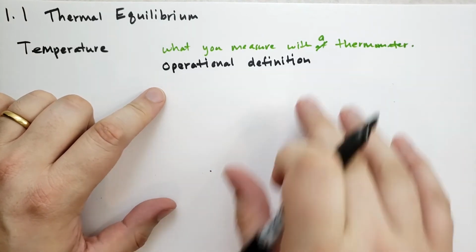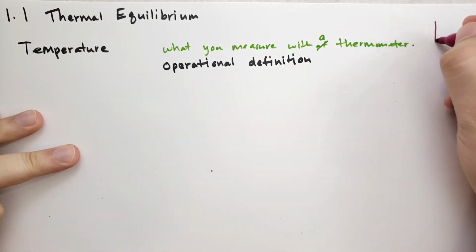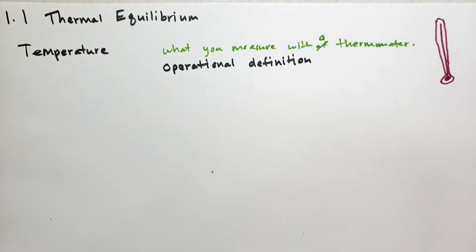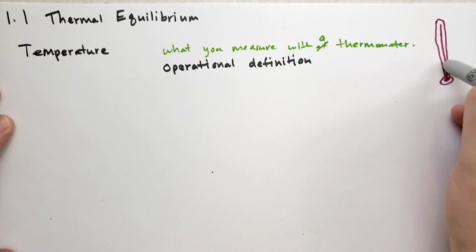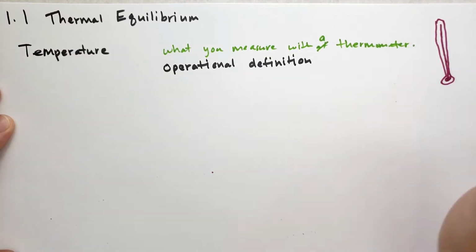Now, if you think about how a thermometer works, inside of a thermometer we have basically a glass tube, and there's a bulb at the bottom. We're talking about a mercury thermometer, and inside the bulb there is mercury. As the mercury warms up, it expands, so you're going to see that mercury rise in the tube, and as it cools down, it contracts, so it'll fall.